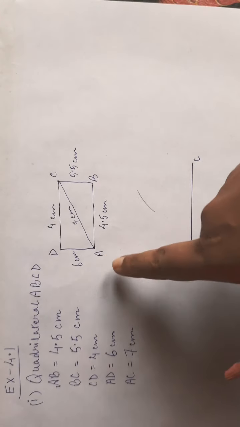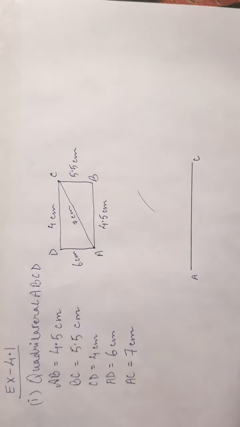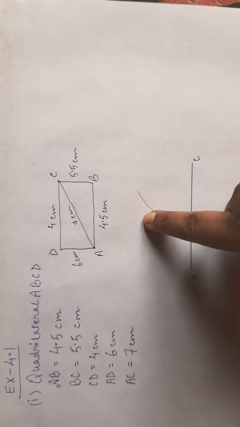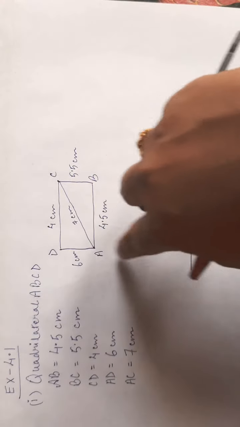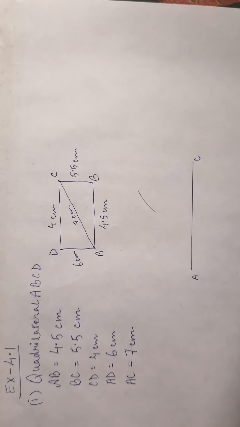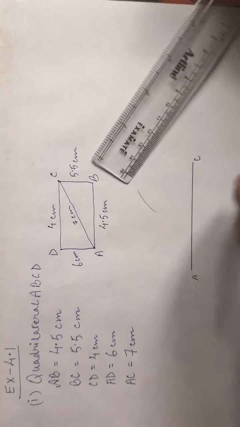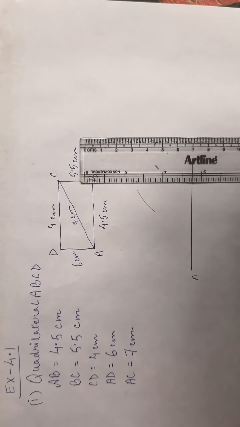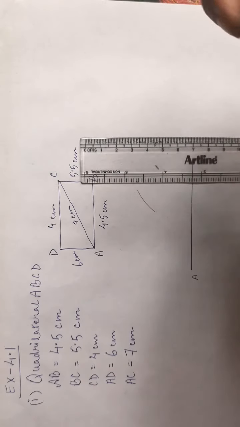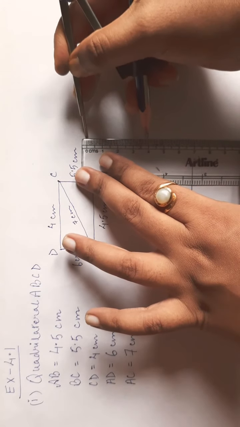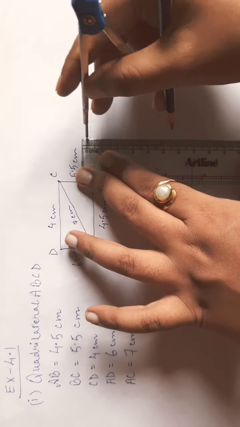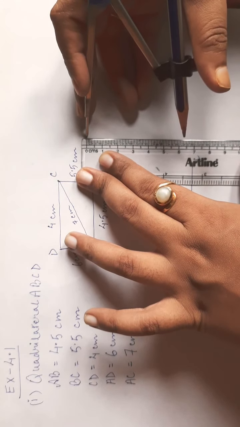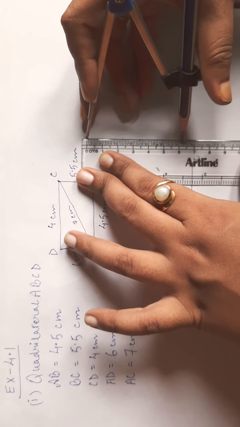Okay, now I will take 6 centimeter measurement and I will draw an arc from here to here and that will be the side AD. Okay, so this is the scale. Again I will take the measurement 6 centimeter. Okay, 6 centimeter is a bit big one.